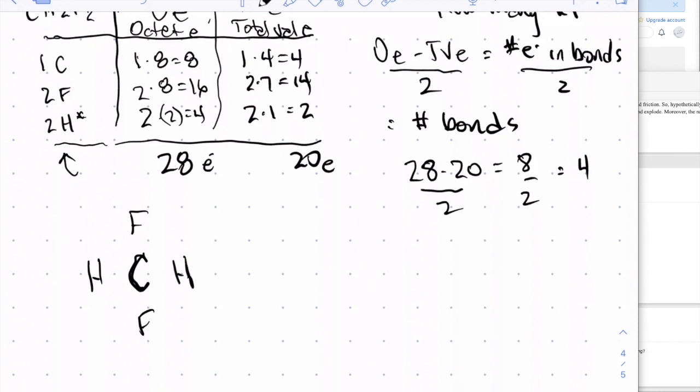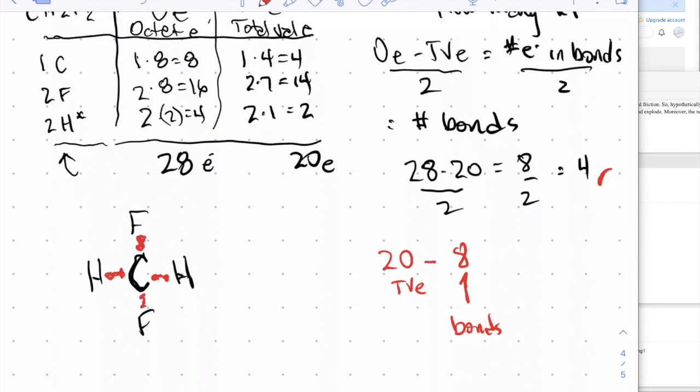So the first thing that we need to do is add the bonds. So there's 1 bond here, 2 bonds here, 3 bonds here, 4 bonds here. That takes care of 4 bonds. Now in terms of the valence electrons, remember that we have 20 total valence electrons, and we've used a total of 8 in the bonds. 2 here, 2 here, 2 here, and 2 here.